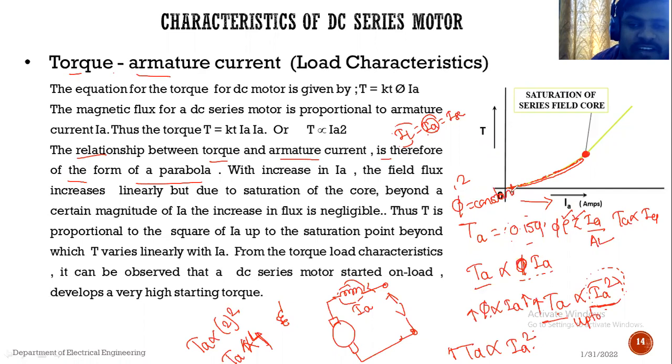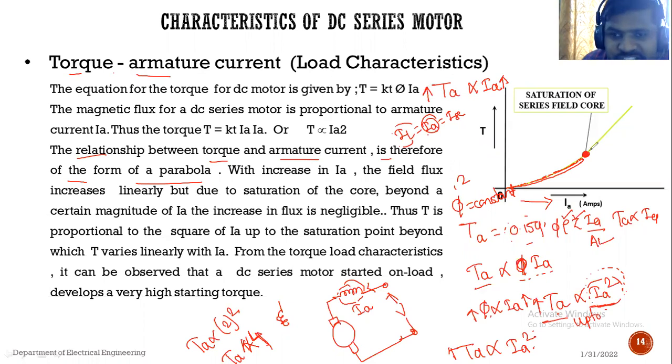That means however much the current increases again, the flux phi remains constant after saturation. So at that situation our torque equation becomes, if the flux phi is constant, torque TA is directly proportional to only IA. As IA increases, torque TA increases.